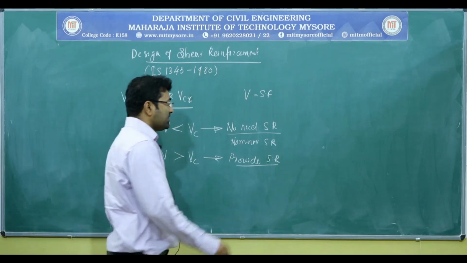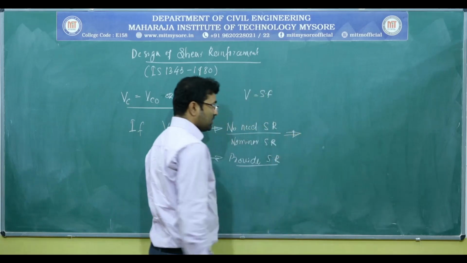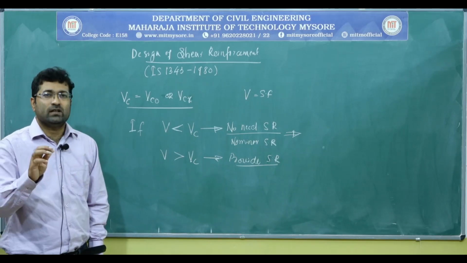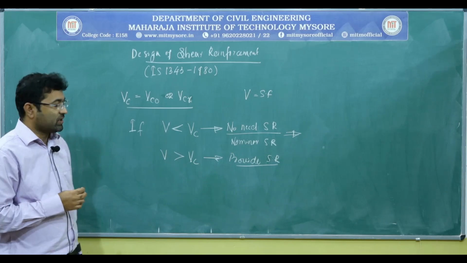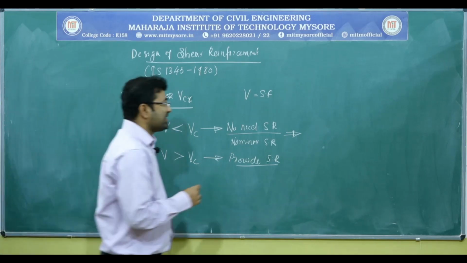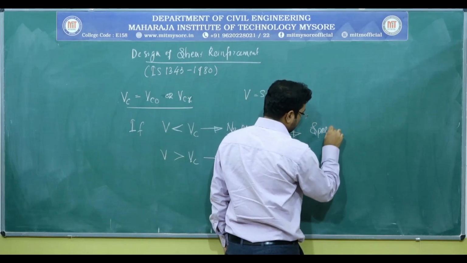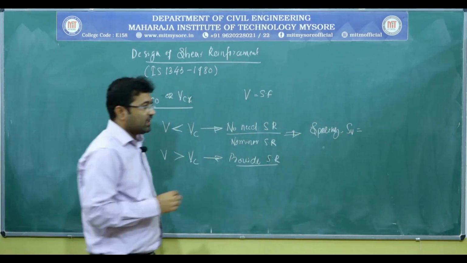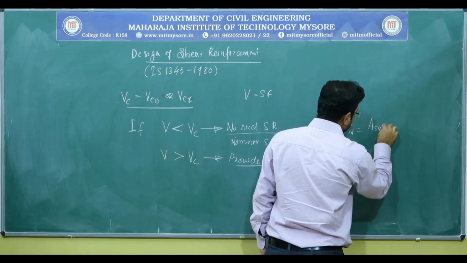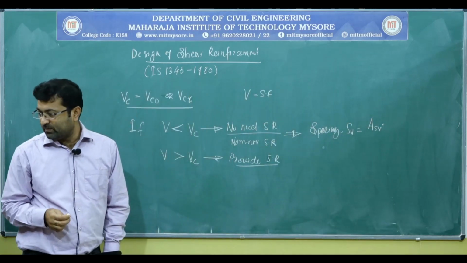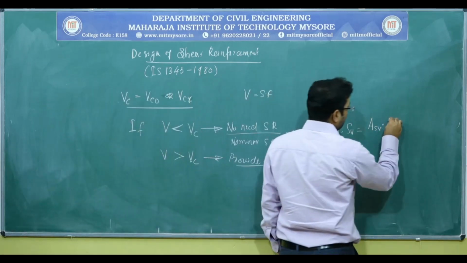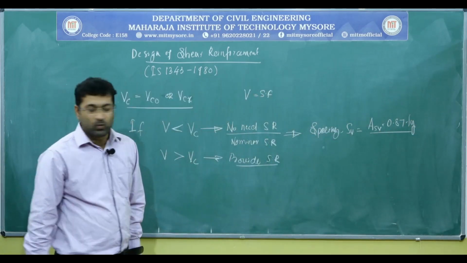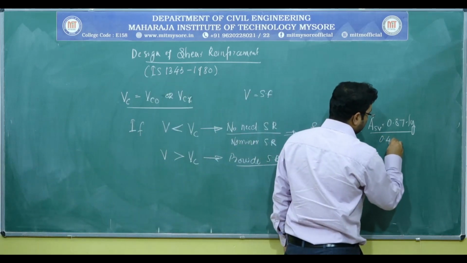In the first situation, where the shear reinforcement is not required, we still provide nominal shear reinforcement, assuming some diameter of the shear reinforcement, and we estimate the spacing of the shear reinforcement Sv as Asv, that is the area of the shear reinforcement of each bar, into 0.87 times Fy divided by 0.4 times b.